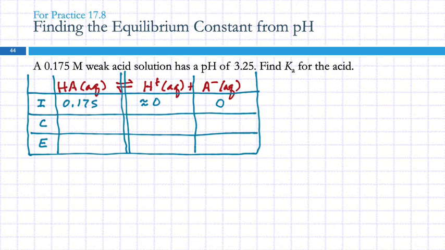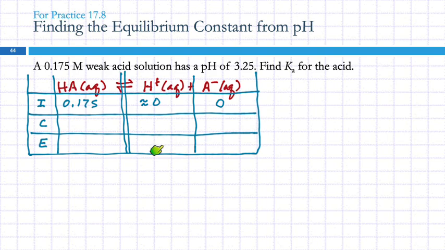But now, instead of doing minus x plus x, we're going to fill in one of the equilibrium concentrations. This is like what we did in lab last week, where we used a spectrophotometer to measure the concentration of the complex ion, and then we could calculate everything else.